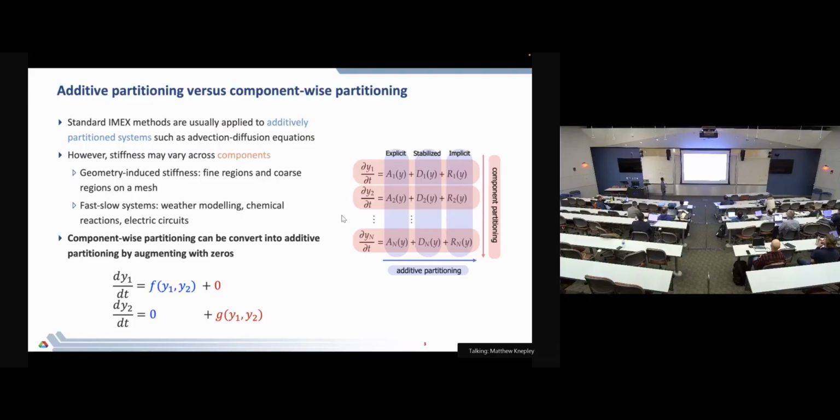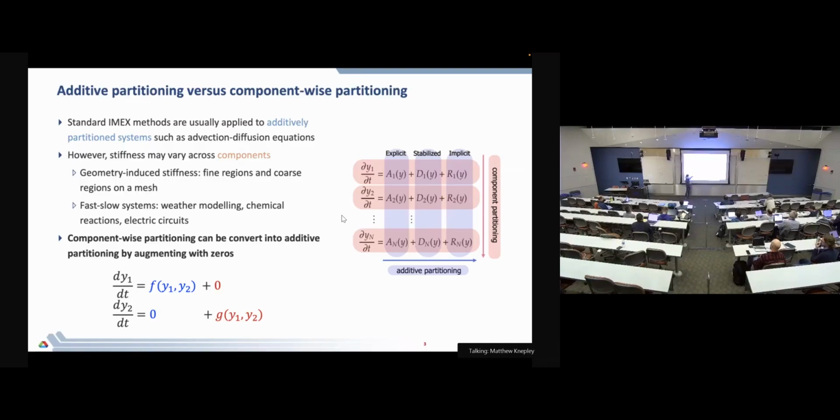Apparently, you cannot apply the standard IMEX method directly to this component-wise partitioned system. But the good news is the component-wise partitioning can be converted into additive partitioning by augmenting the system with zeros. If we augment zeros into this system, you have two vectors on the right-hand side.